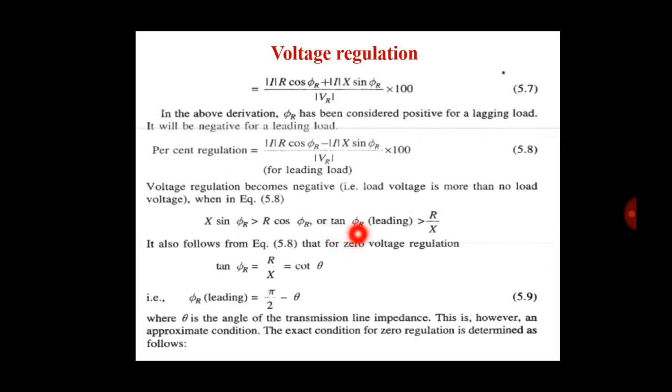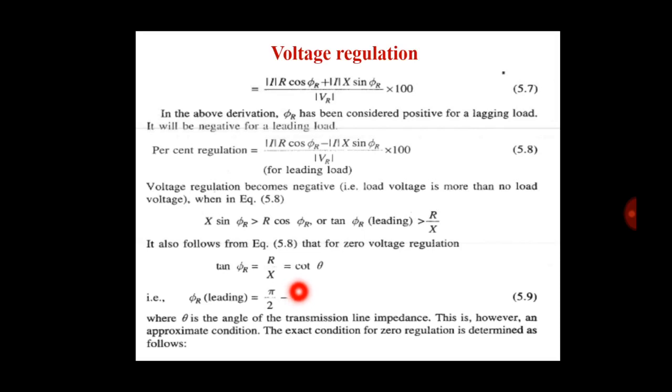So tan phi r is greater than R by X in a leading power factor. Okay, so tan phi r is equal to R by X, we take the cos theta. Now phi r leading is equal to pi by 2 minus theta, where theta is the angle of the transmission line impedance.